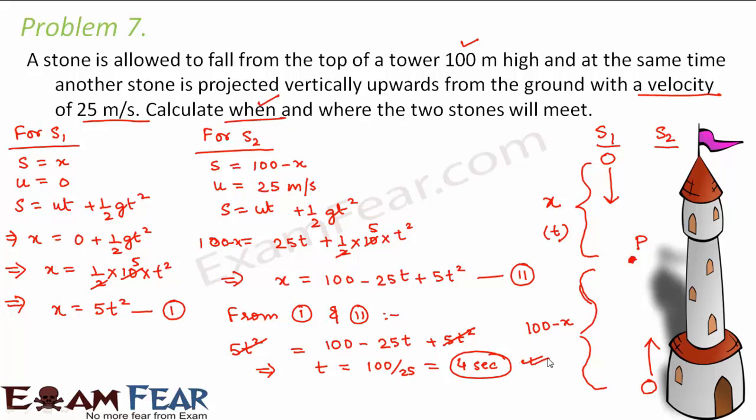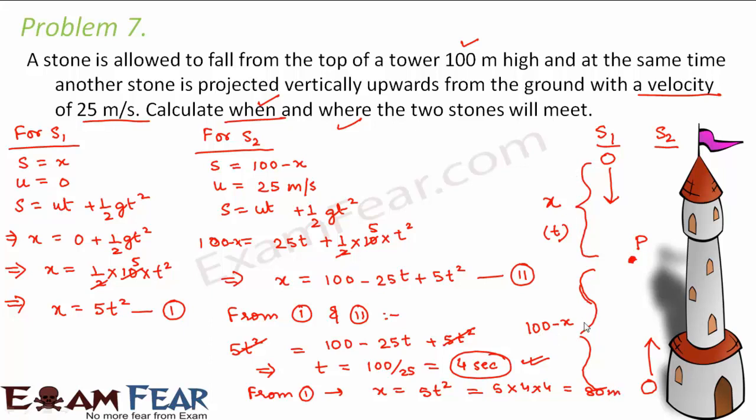Right? So one problem is solved. And where? That means we have to calculate x. Now once we found t, from equation 1, we can calculate x. So from equation 1, x is equal to 5t square, that is 5 into 4 into 4, that is equal to 80 meters. So this x is 80 meters.